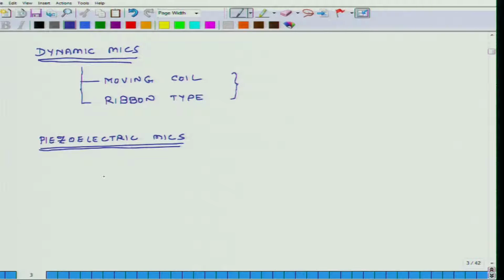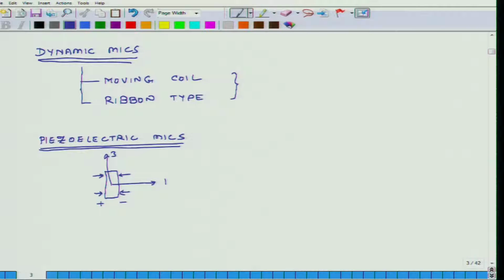Suppose this is a piezoelectric material, with direction 1 and direction 3. There are some piezoelectric materials that if I press them like this, then a potential difference is generated across these two faces.